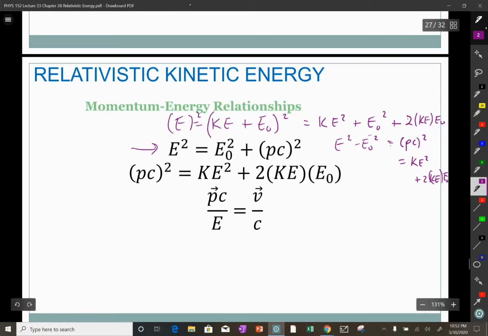So this third equation, the second printed equation, simply followed from the equation above it and the definition that the total energy is kinetic plus rest.